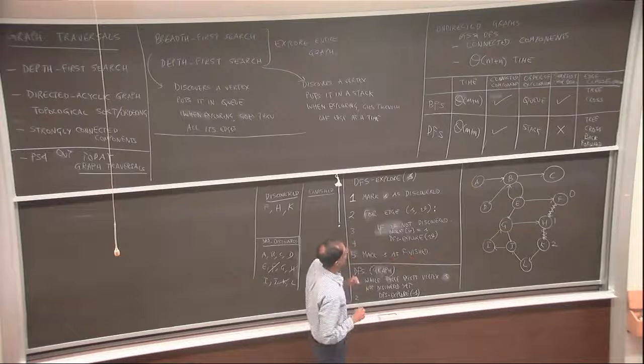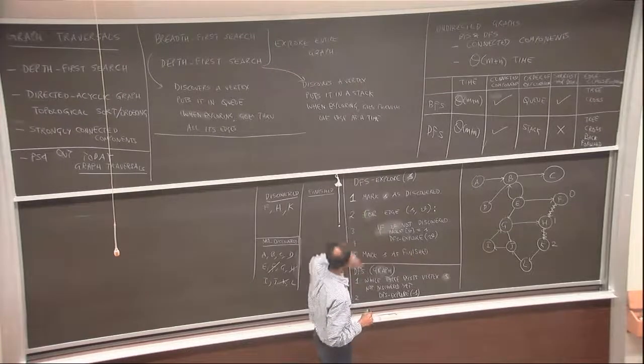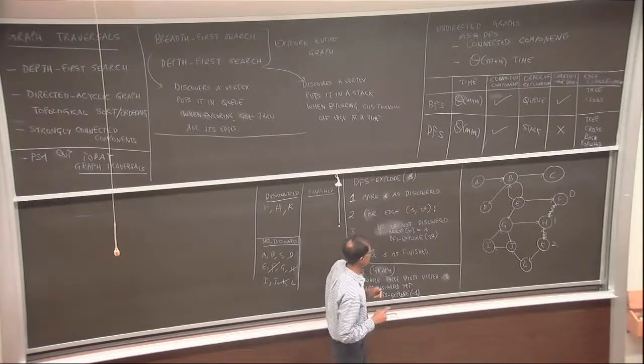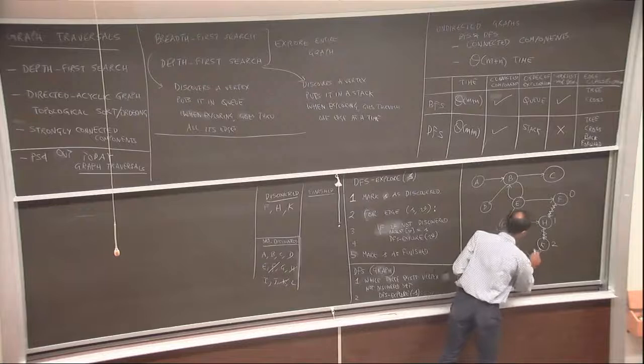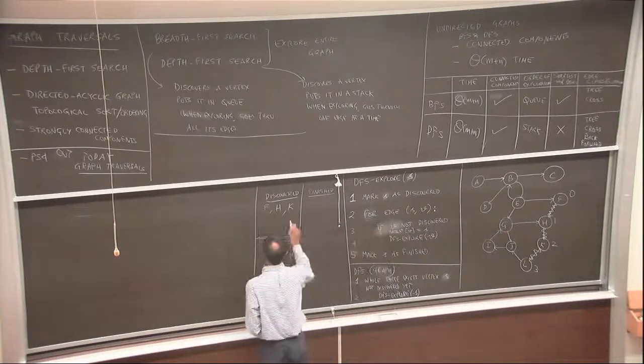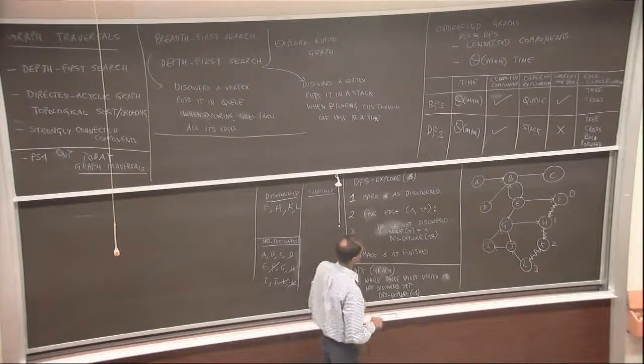You put K into the discovered set, and you go through all the edges out of K. There's only one edge, so you do the same thing, to L. Then you have again only one edge.